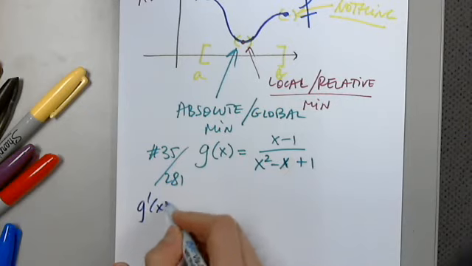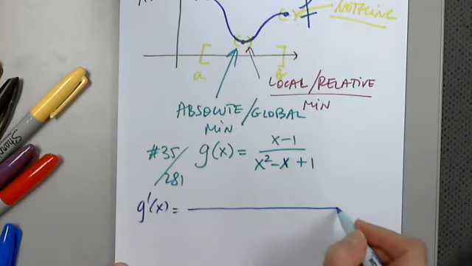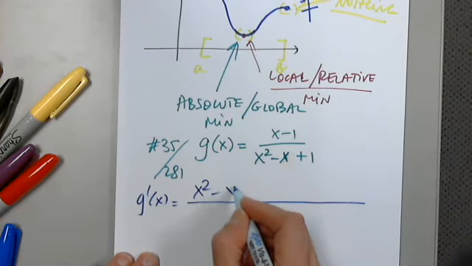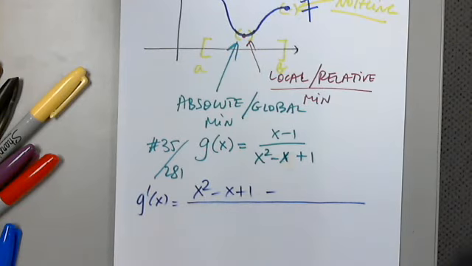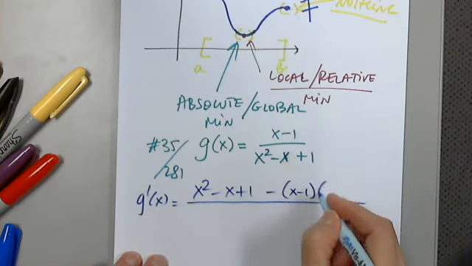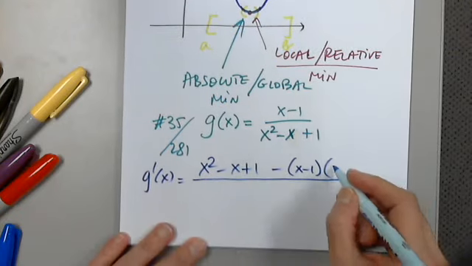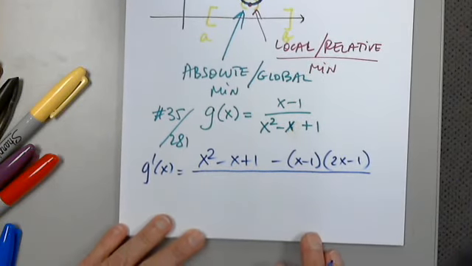So g prime, quotient rule: top function prime, very good, times x squared minus x plus 1, minus the top function times the derivative of the bottom. Perfect.